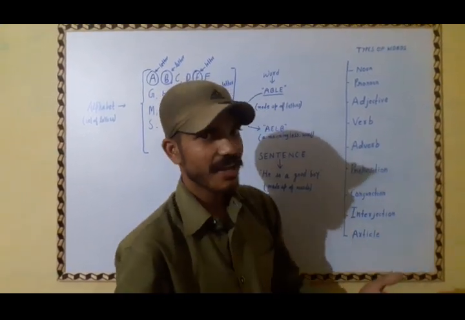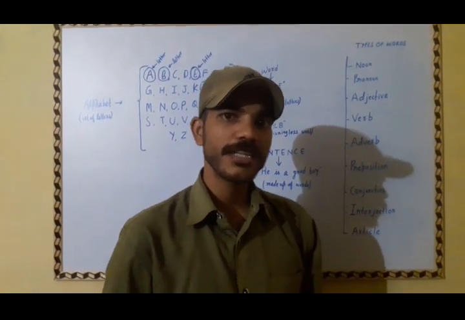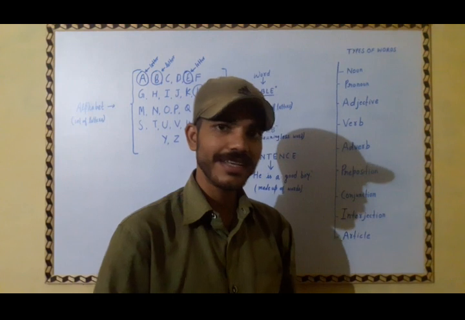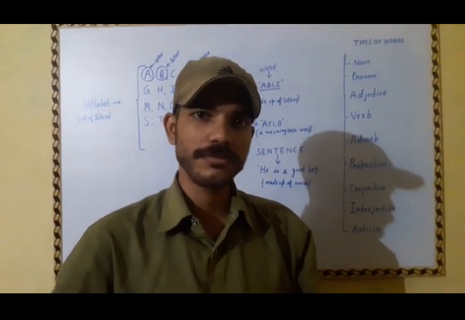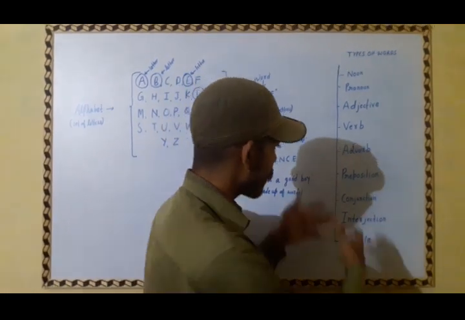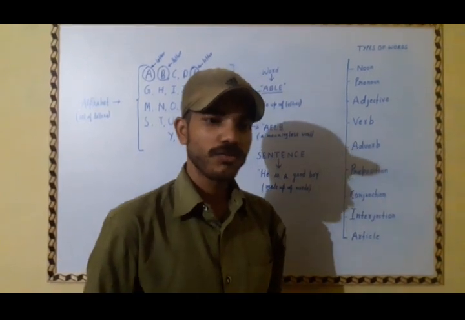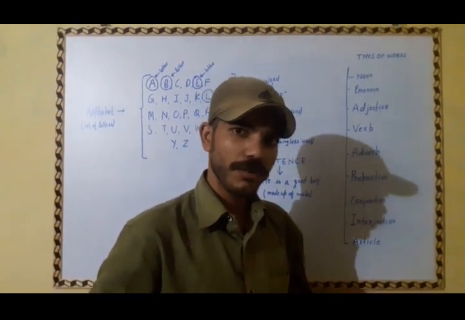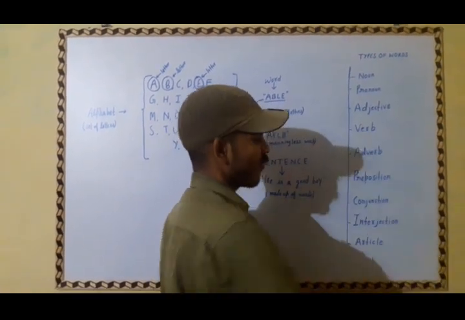For example, let's take adjective. Find out what an adjective is. If you master the qualities and the behavior of adjectives, you have to do the same with every type of word. In the beginning, just master these kinds of words.